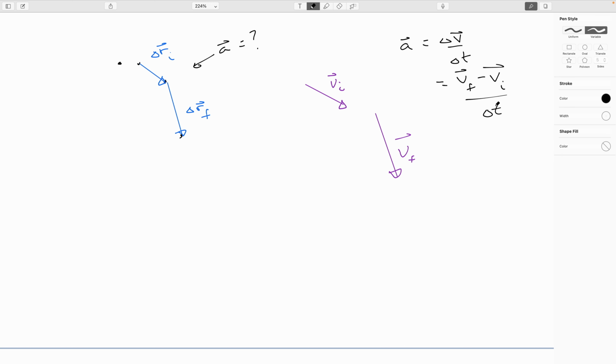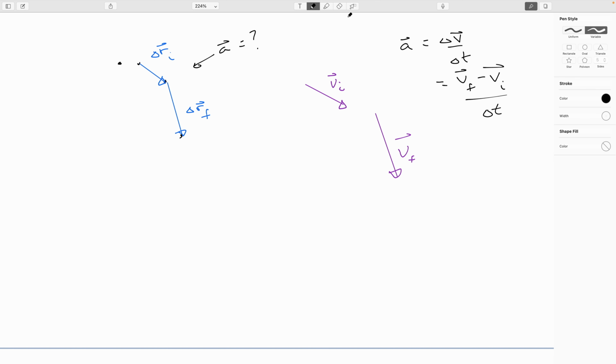And if I want to find the instantaneous acceleration, I would have to imagine a sequence of motion diagrams with ever smaller time intervals and ever finer separations. But this will at least give me a good approximation to the acceleration at this point. So to do that, let's go ahead and we'll subtract these.